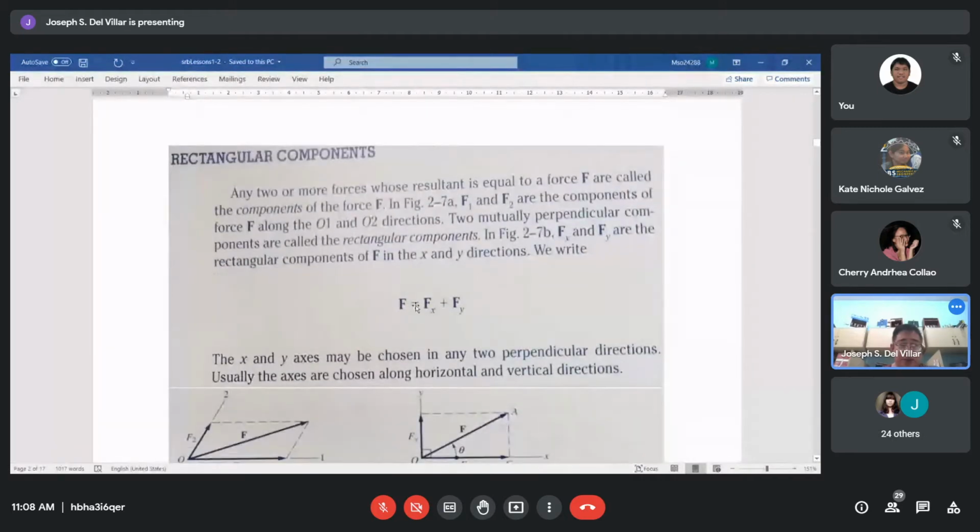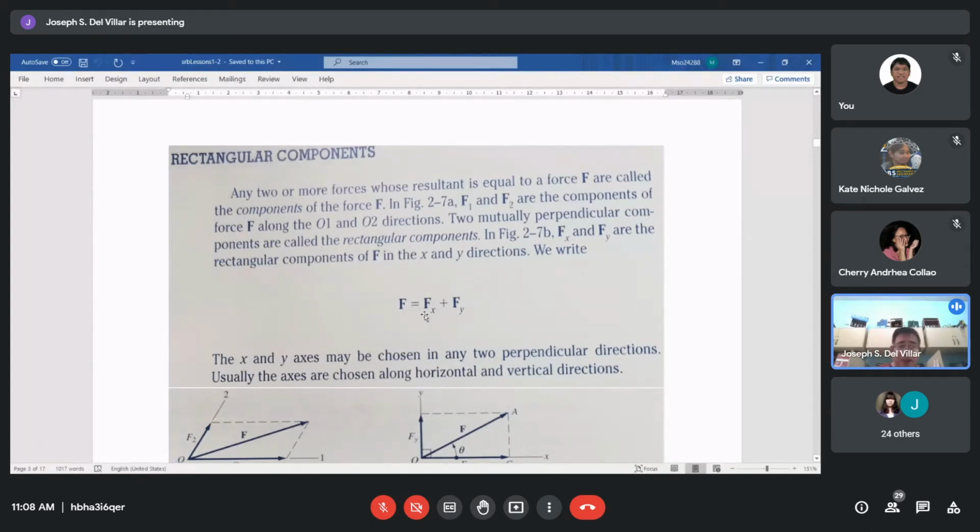So the components: we have the x and the y components, or sometimes we call them the horizontal and the vertical components, represented by F sub x and F sub y. Here we have F is equal to Fx plus Fy.